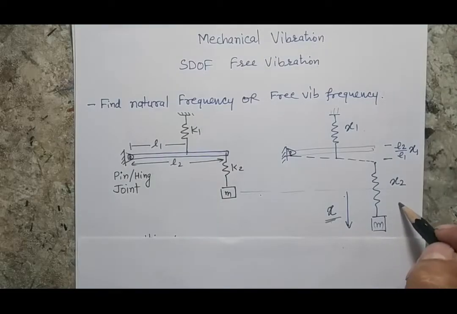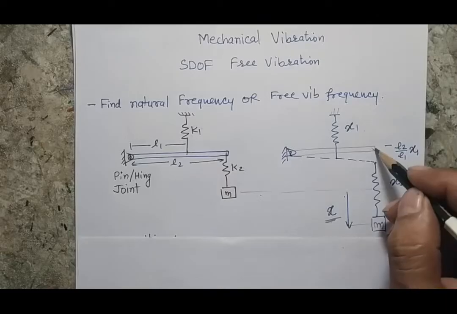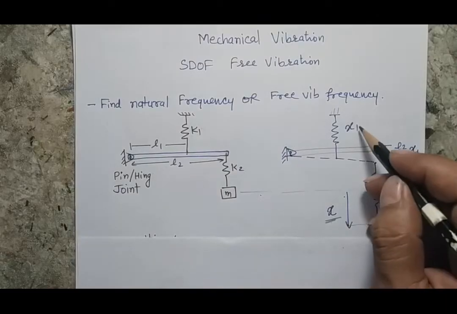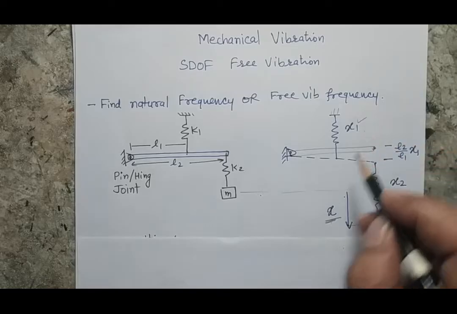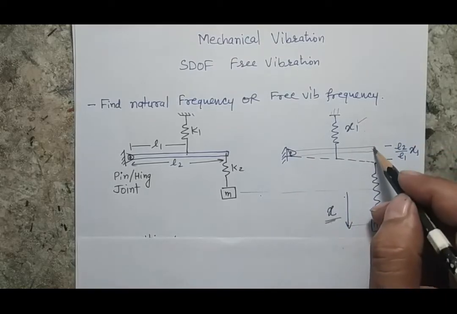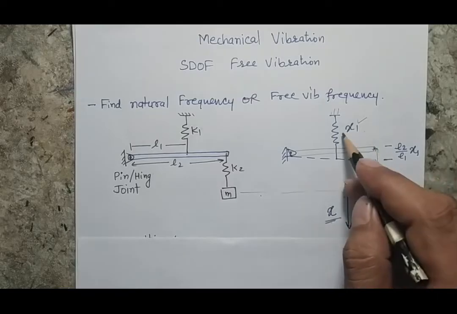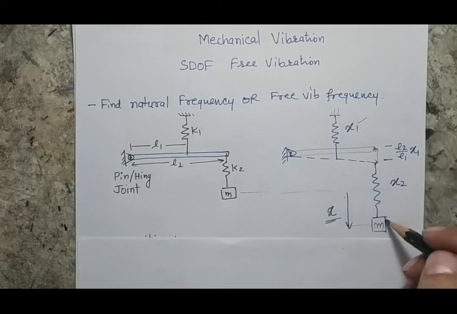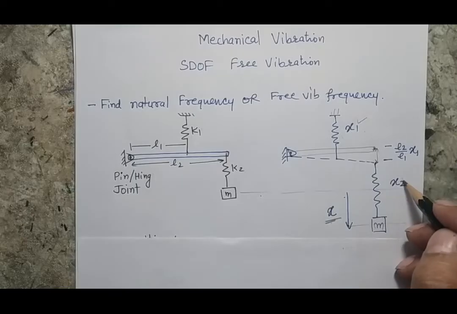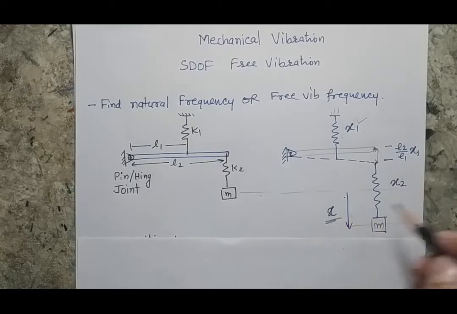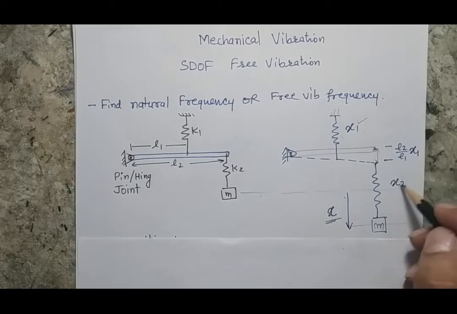This x is moving in the downward direction. So this end first, because of the deformation in the first spring, the bar will rotate and the bar end will come here. So this part is because of the deformation in this spring, and the remaining is because of the deformation in this spring. So my total deformation x will be a combination of these two values.